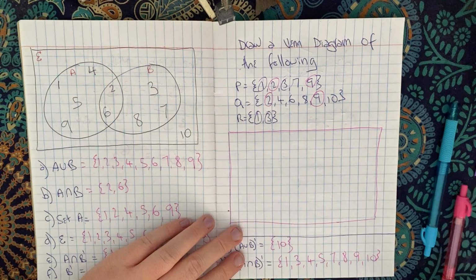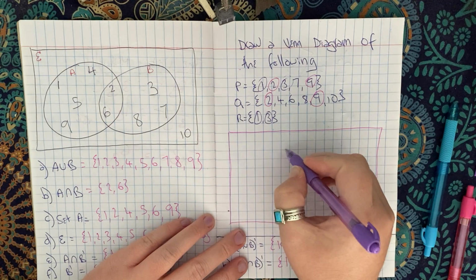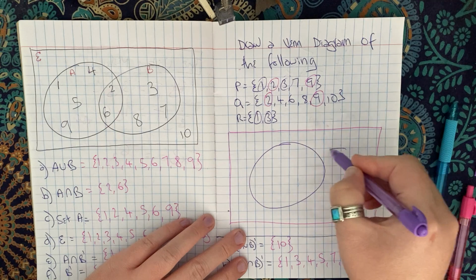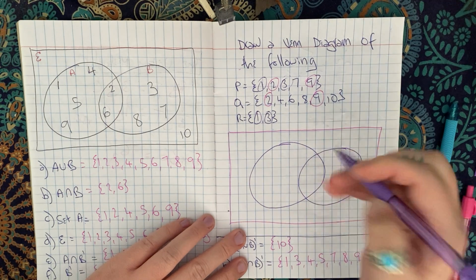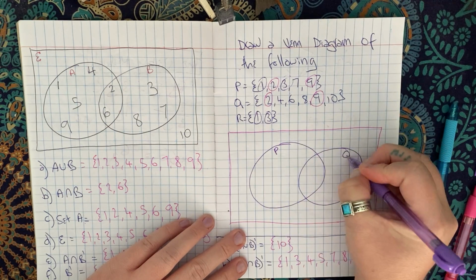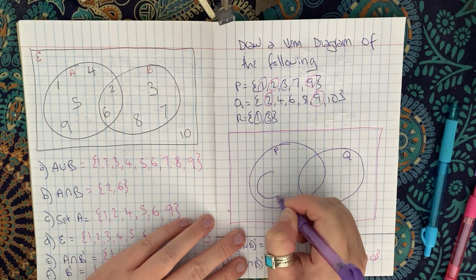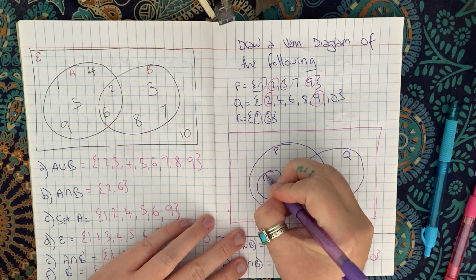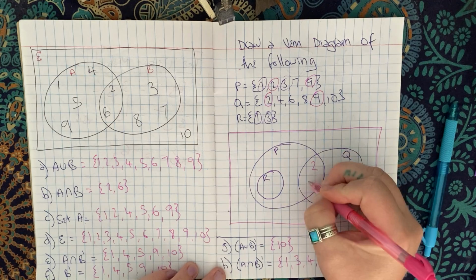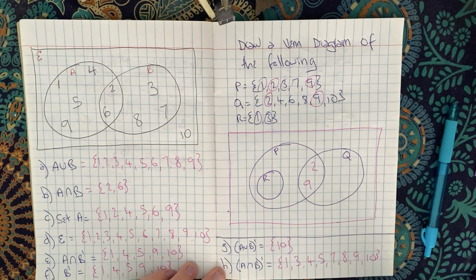So what I'm going to do is I'm going to draw a P and a Q. So this can be P, this can be Q. But then I'm actually going to draw R inside P. Okay, so I think that will work. So the first thing I'm going to do is my intersection. So 2 and 9 are the things that we said matched.